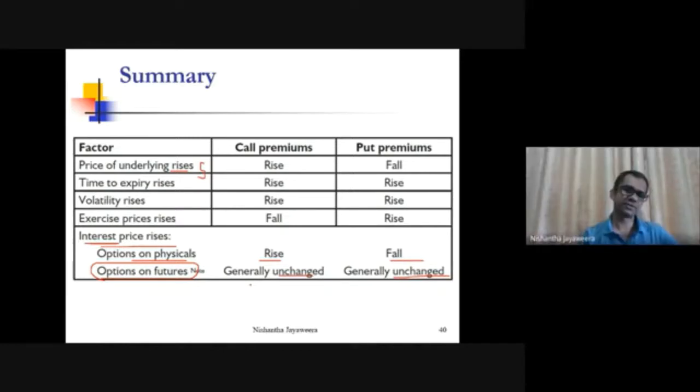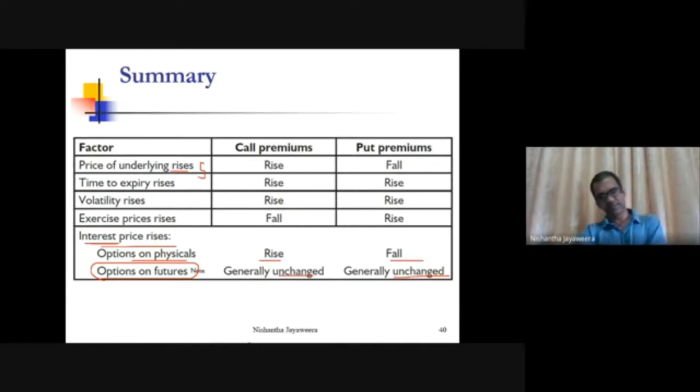Even if you buy the future, you don't have to pay the full price. Even if you sell the future, you don't get the full price. Again, it's only a margin, almost like paying or receiving the premium. So therefore, there's no impact on that. The premium of the options on futures remains unchanged, with no impact from the interest rate changes.